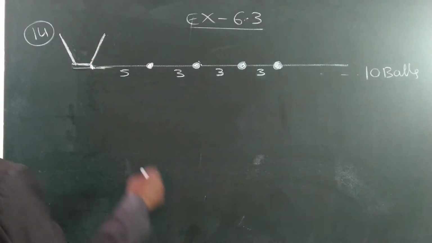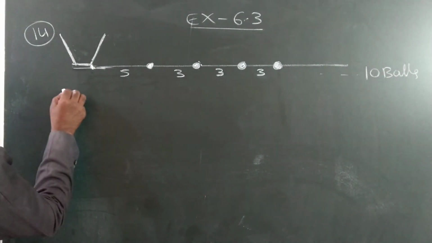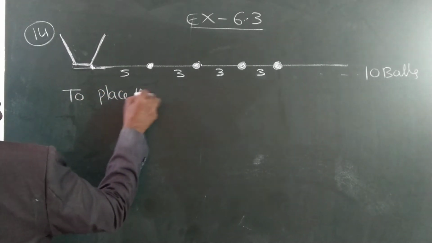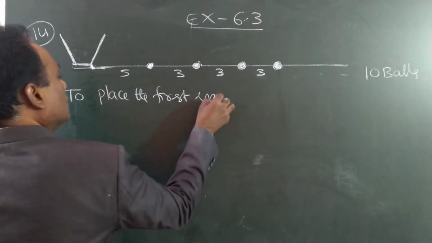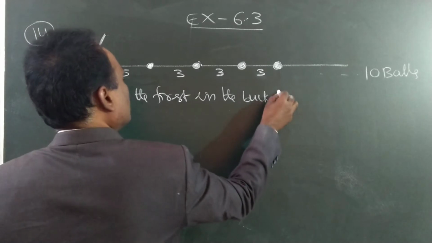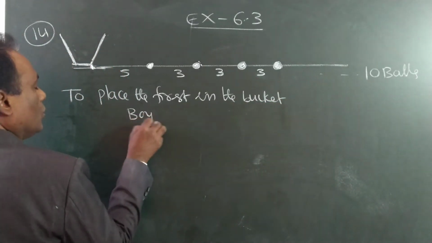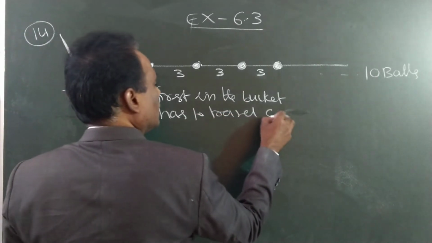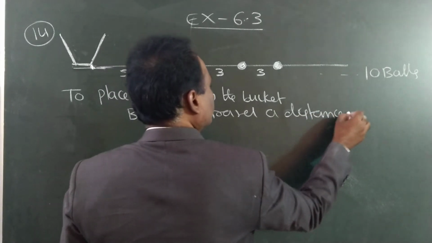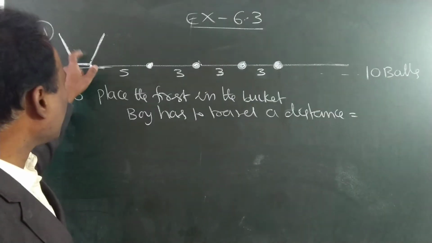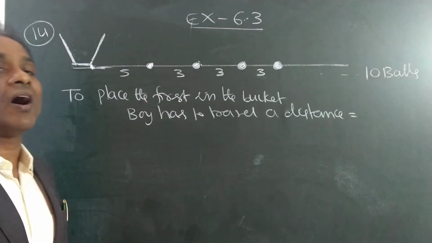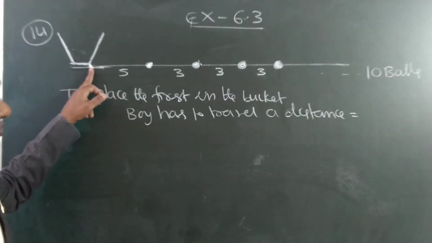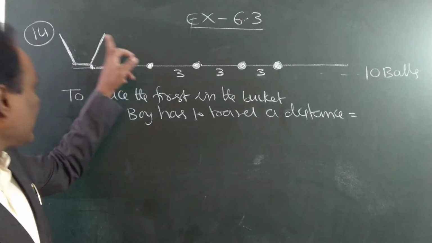Now, to place the first ball in the bucket, the boy has to travel a distance equal to, see here, to drop the first ball in the bucket, how much distance should the boy travel? Suppose the boy starts from here, he will go here, pick up the ball and keep here.